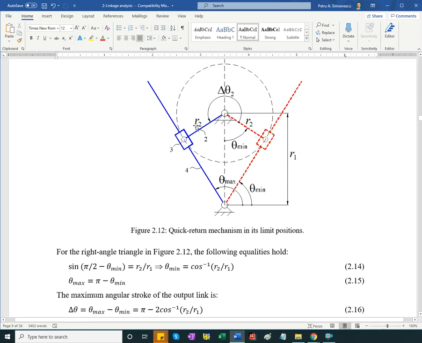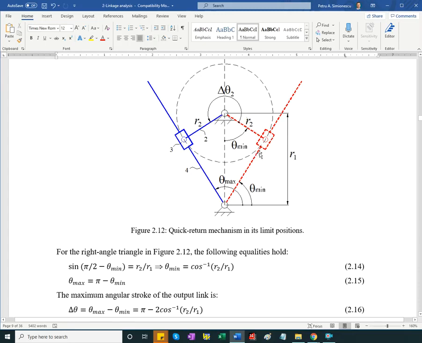If R2 is greater than R1, then this will be a drag link mechanism, so the output link will also perform full rotation. As used in machine tools, primarily shapers, the crank length is less than the ground link.